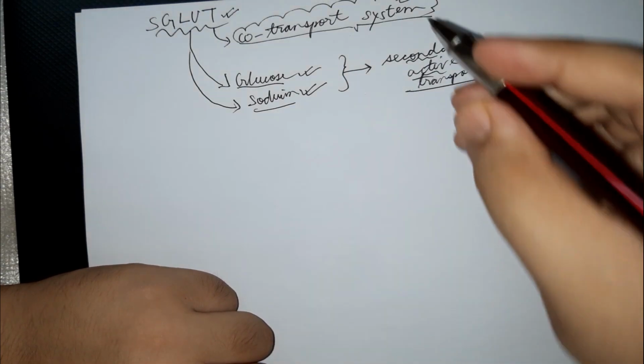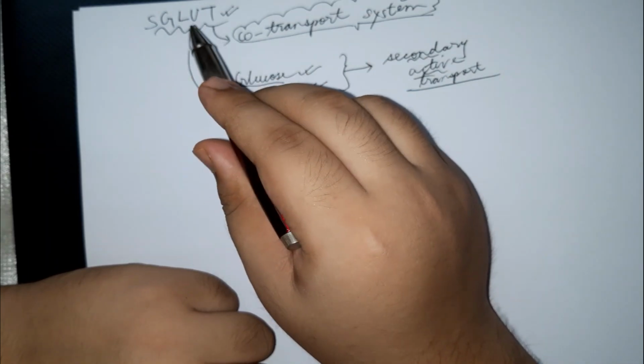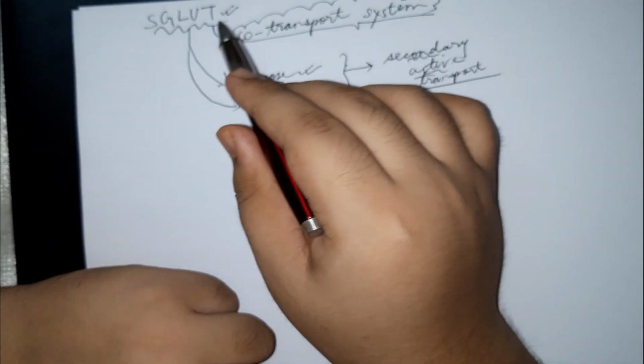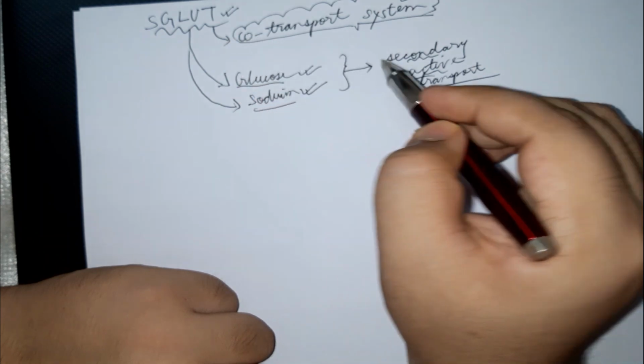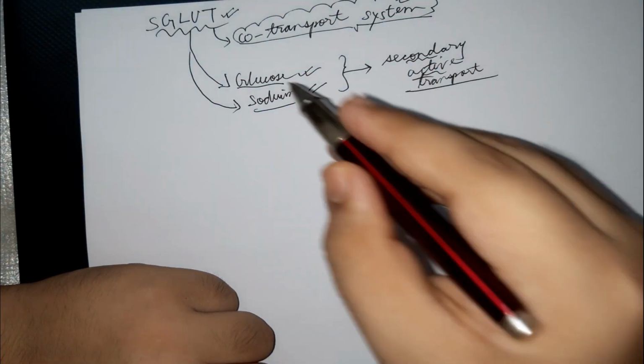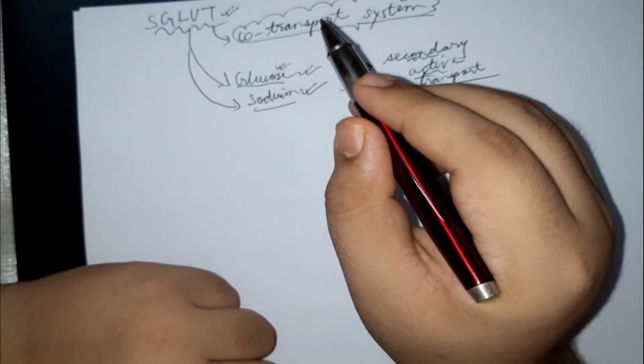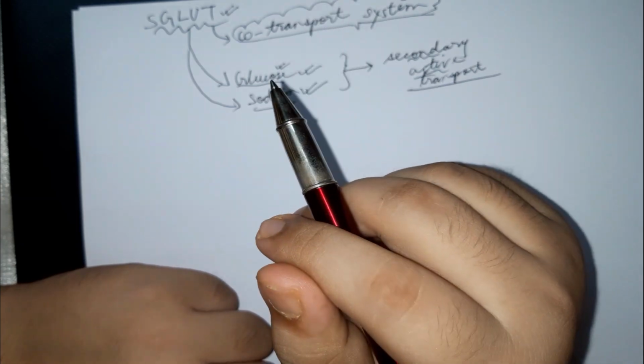But here, this sodium dependent glucose transporter, S-GLUT, follows a secondary active transport system, which means that here glucose is being transported against its concentration gradient. So energy is utilized.